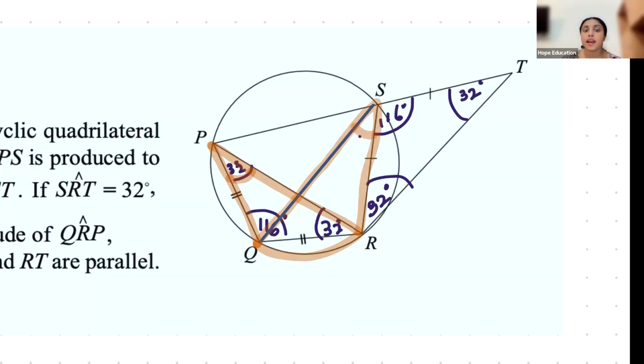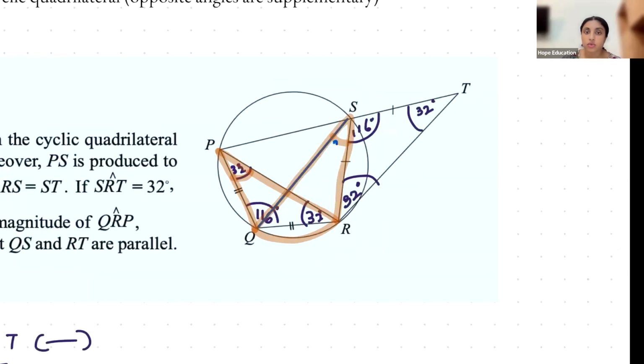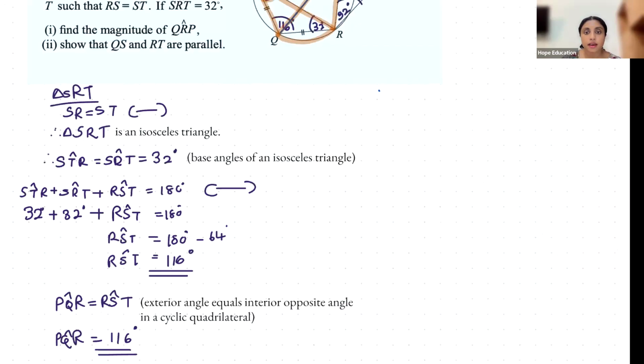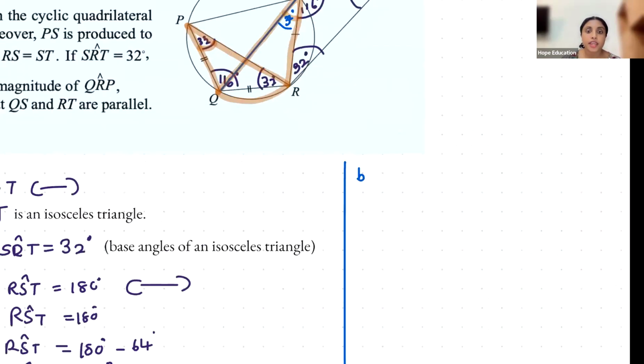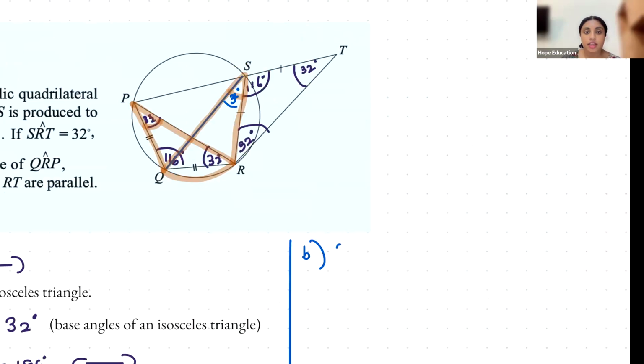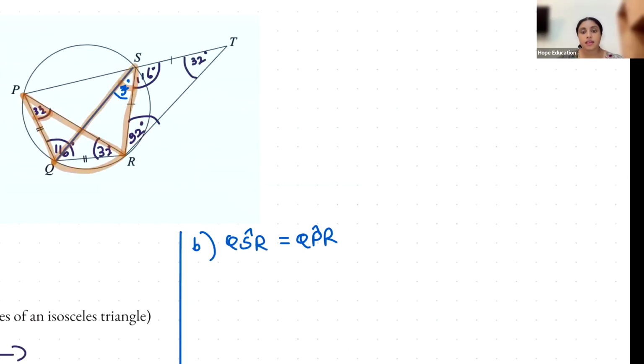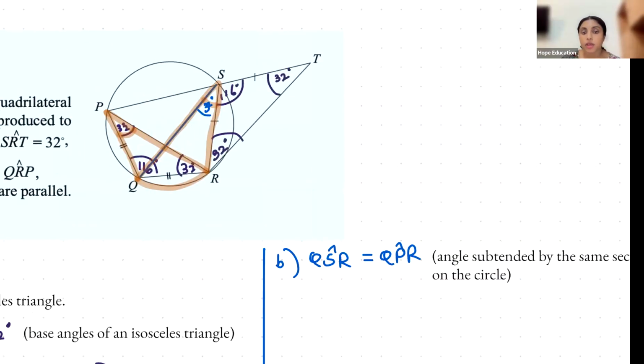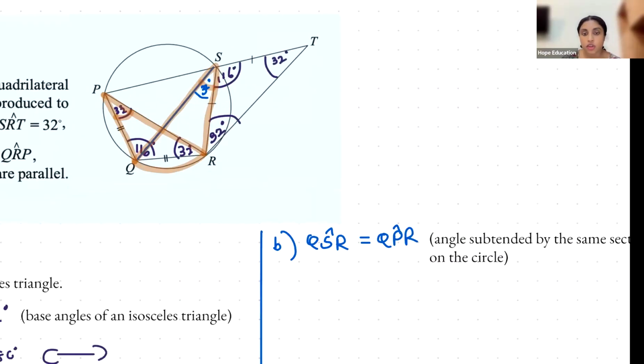So QPR and QSR are equal, therefore this is also 32 degrees. Right, children? So we can write QSR equals QPR. The reason is angle subtended by the same arc on the circle. Since QPR is 32, QSR also will be 32.